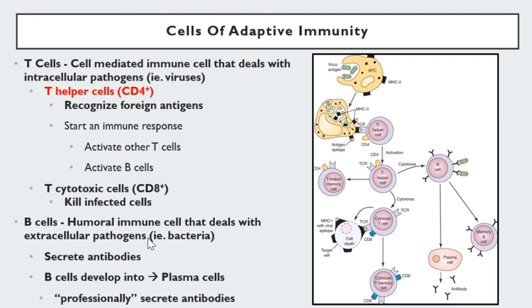But importantly, what y'all do need to know is that the helper T cells recognize foreign antigen, and then they help activate the 2 arms of the adaptive arm, cytotoxic T cells and B cells. While these cytotoxic cells actually do the effector function of killing infected cells and dealing with the cell-mediated responses.